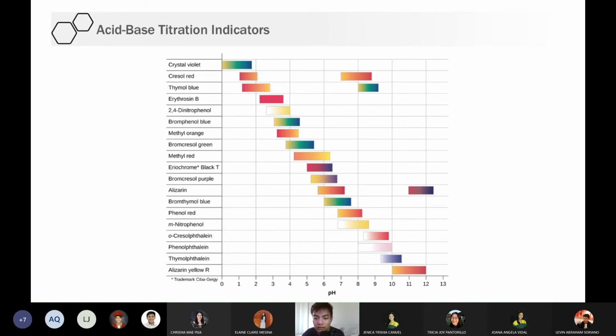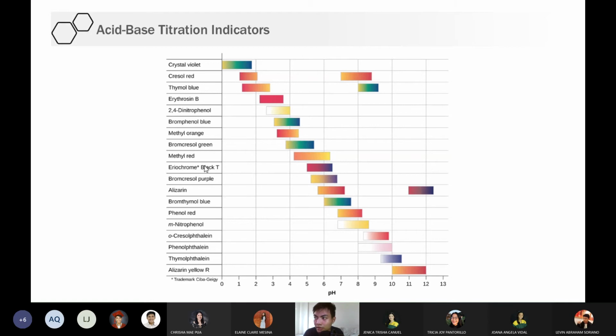So depende din sa identity ng acid and base mo, may corresponding endpoint pH sila. So iba-iba kada experiment. But the commonly used is the phenolphthalein, the bromocresol green, and the methyl orange, or even the BTB. So, yan yung mga ginagamit. Yung iba, sa ibang uri ng titration yan ginagamit.